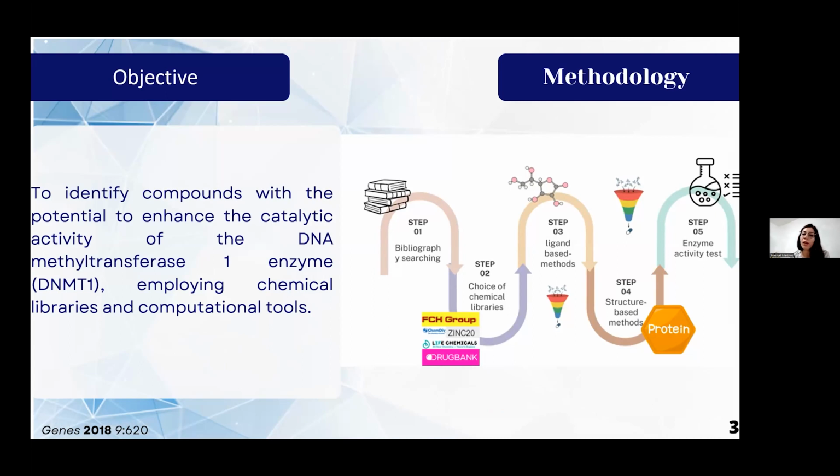And the general methodology for this project is as follows. As step 1, we searched for previously published activators of DNMTs and DNMT1. Then we chose the chemical libraries to use in the search of new potential activators.